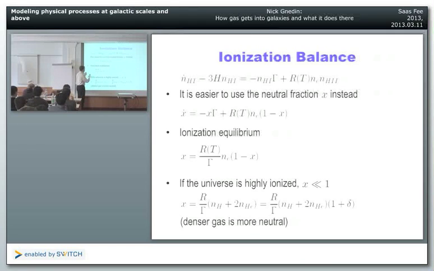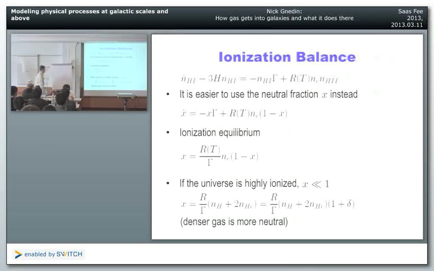So if I now take, instead of number density, the neutral fraction x, the ratio of hydrogen which is neutral, then this term disappears because all hydrogen participates in the expansion of space, but only neutral hydrogen participates in the ionization and recombination, and I get this very simple equation for the neutral fraction. So the rate with which the neutral fraction changes is diminished by the rate of ionization and increased by the recombination rate. And the recombination rate depends on the density of ionized hydrogen, which is 1 minus x, and the number density of electrons.